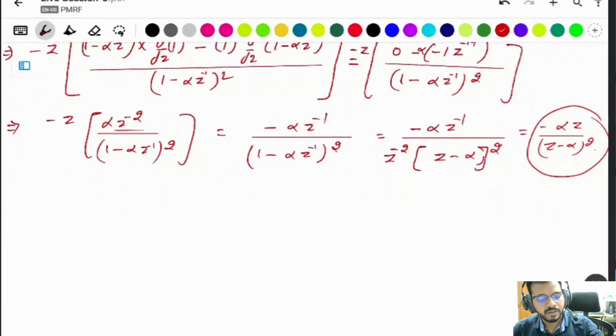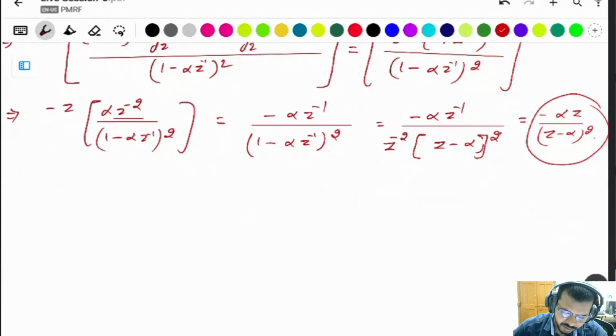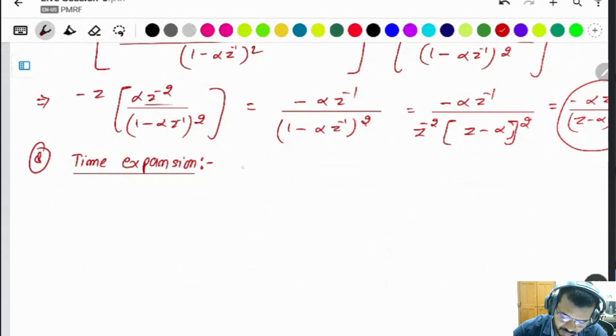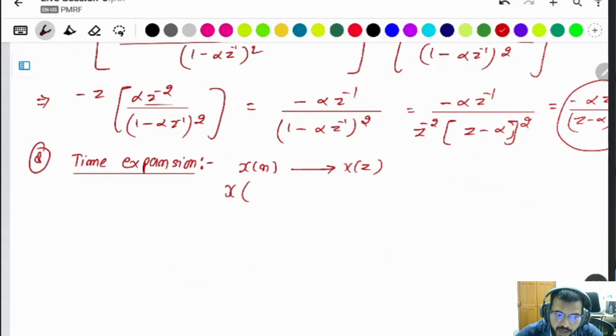The next property is time expansion. If there is any division in the time domain, then the same thing in the frequency domain is time expansion.